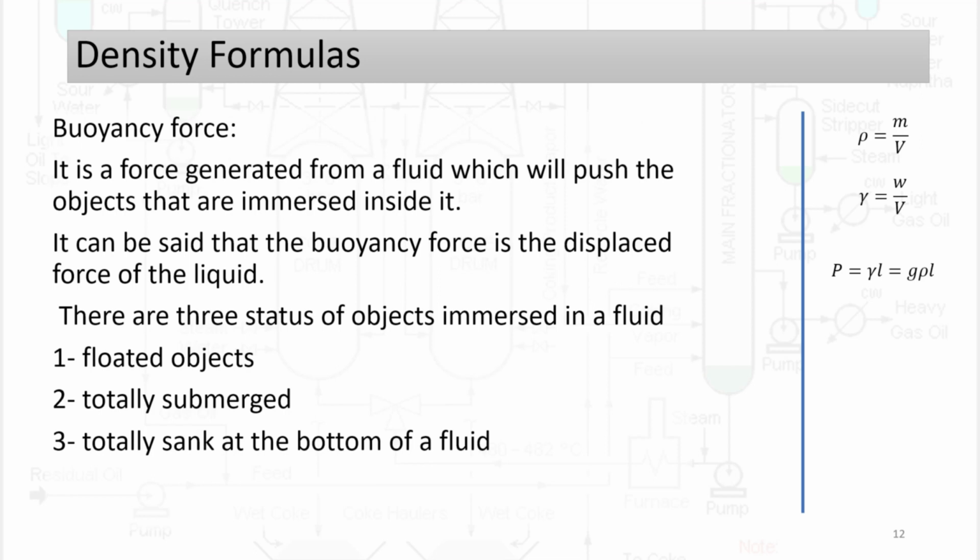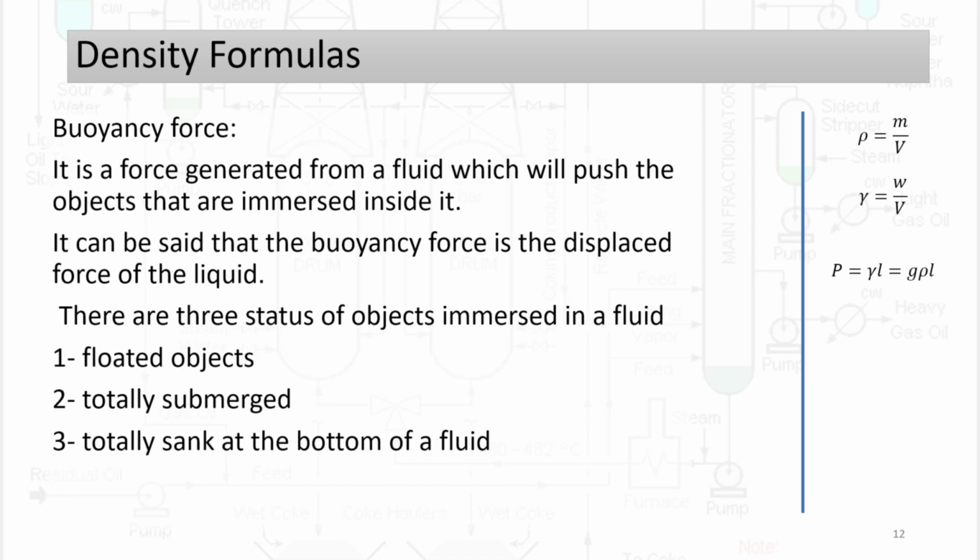Okay. Now let's go to the buoyancy. Buoyancy force is a force generated by the fluid, which will push the object upward, opposite to gravity, for any object that is immersed in it. So we have here three states of objects which are immersed in a fluid.